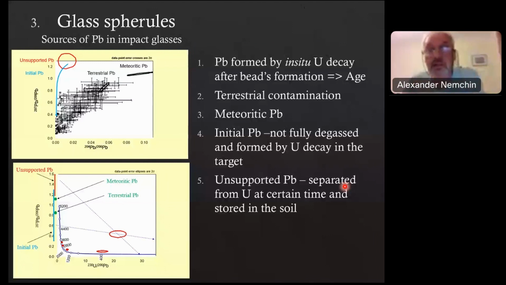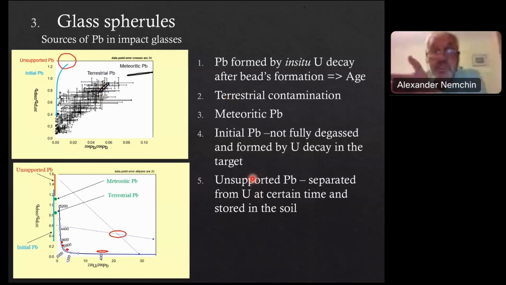First of all, we probably have lead formed by in situ decay within the glasses, and that represents age, so it would be sitting somewhere on the vertical axis on the Concordia diagram. Then we most likely have terrestrial contamination of various degrees. On Concordia diagrams, this lead is going to be here where the green dot is.